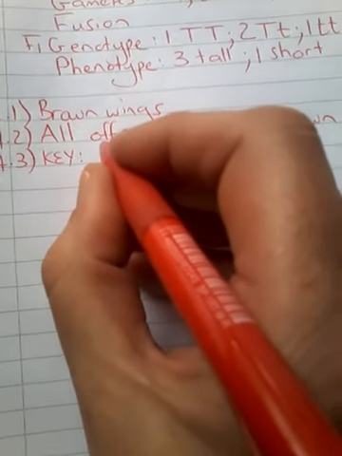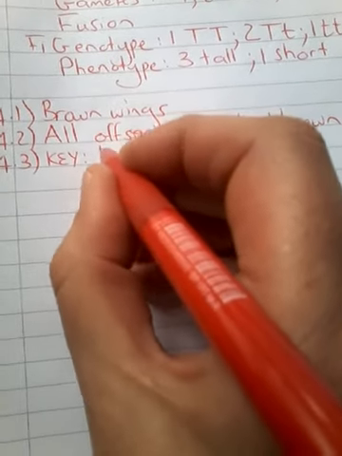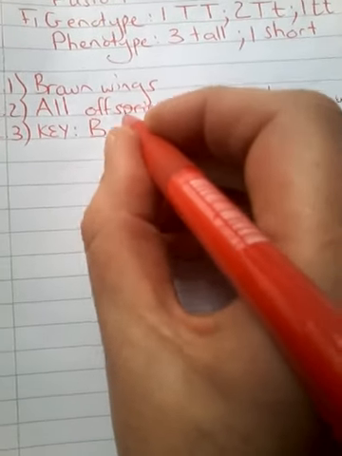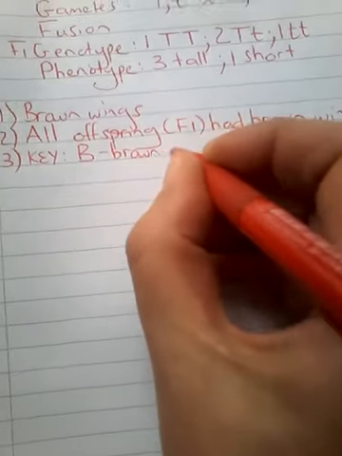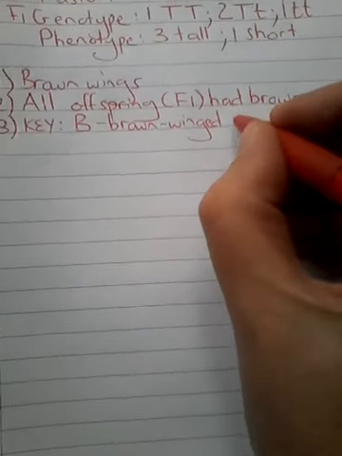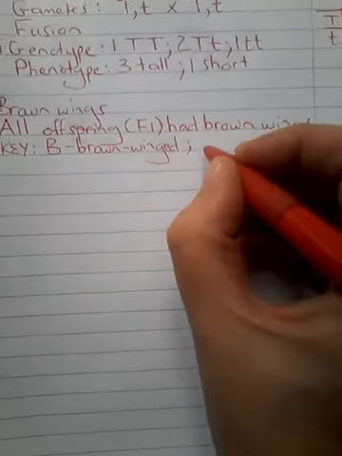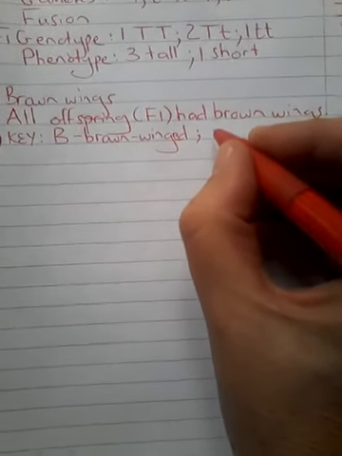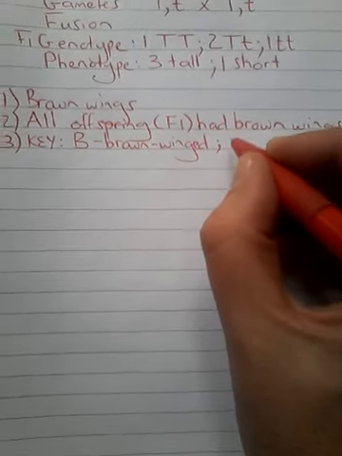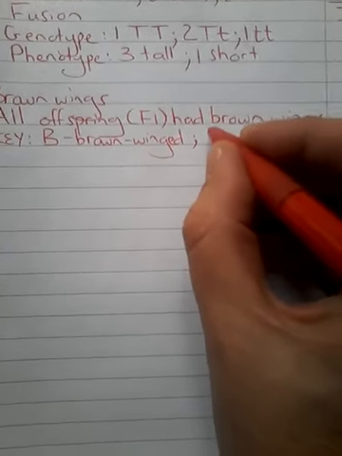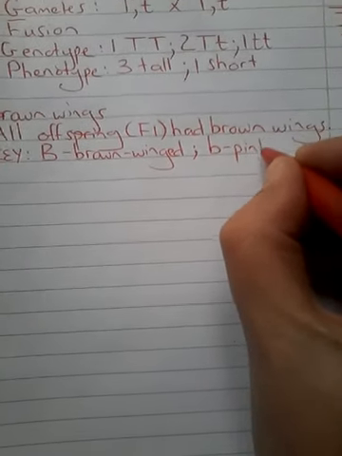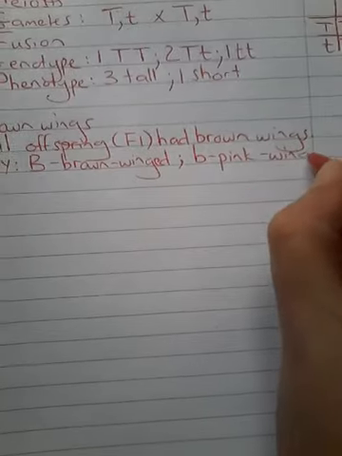We know now that brown is the dominant allele, so we will have a capital B for brown winged. Therefore for pink, we will still use the same letter. We will not use a P, we will use the B for brown, but because it is recessive, we will use a small b for pink winged.